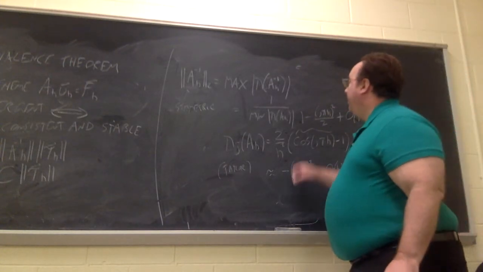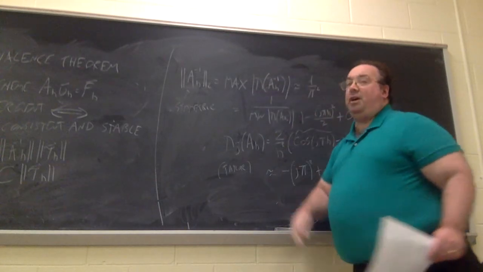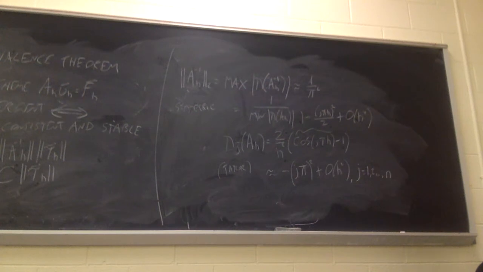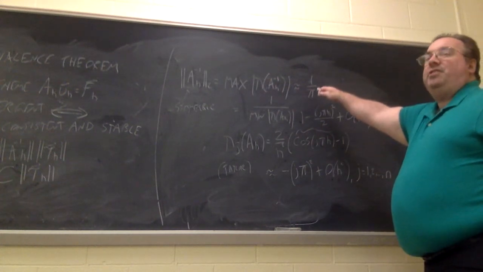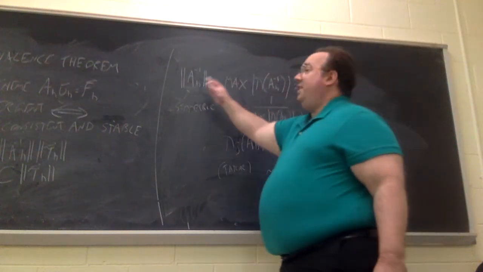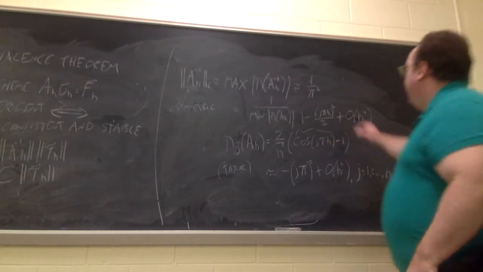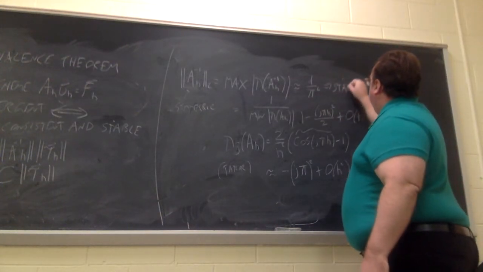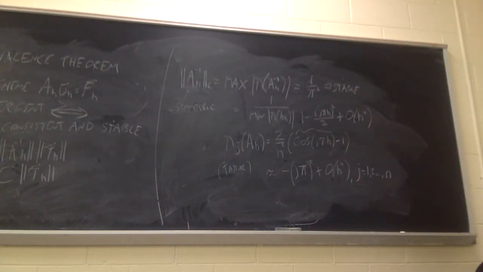So in other words, this is roughly 1 over pi squared. And as h goes to 0, this part goes to 0 also. So that's a good approximation. So in other words, I can say that for h sufficiently small, that this norm is bounded. So I'm not going to see growth as h goes to 0. That's the important thing. So that ensures that scheme is stable. And from the earlier result as consistent, we conclude that it's convergent.